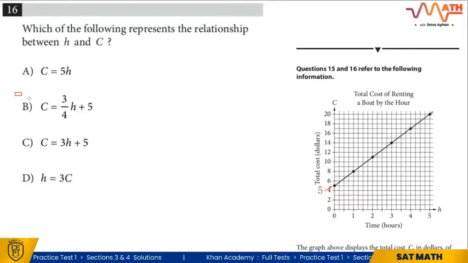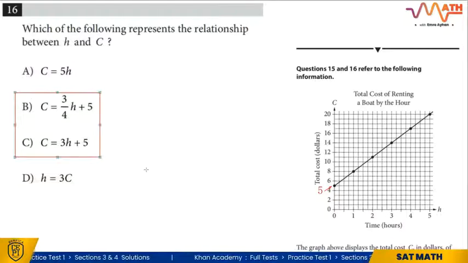So at first we can say the answer is B or C. Now it's about slope. What is the slope here? What was the slope? The change in y over the change in x, right? Or we can say vertical steps over horizontal steps.